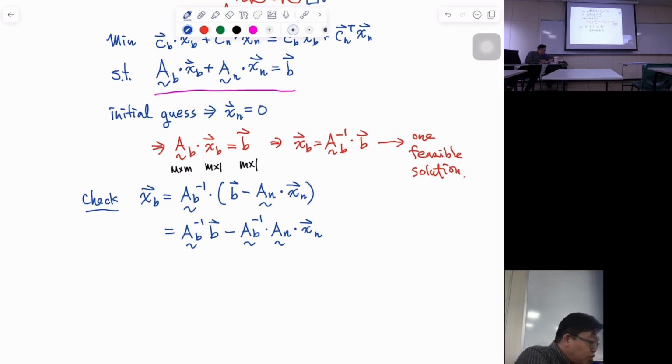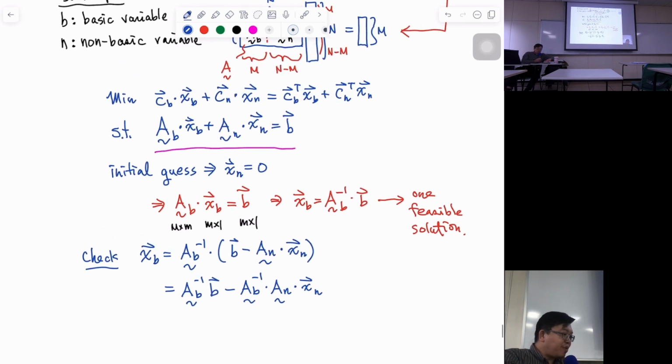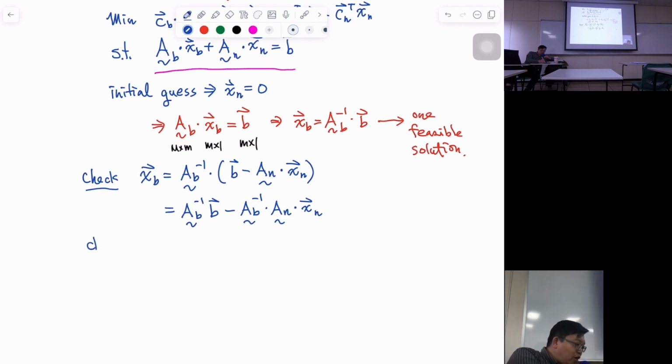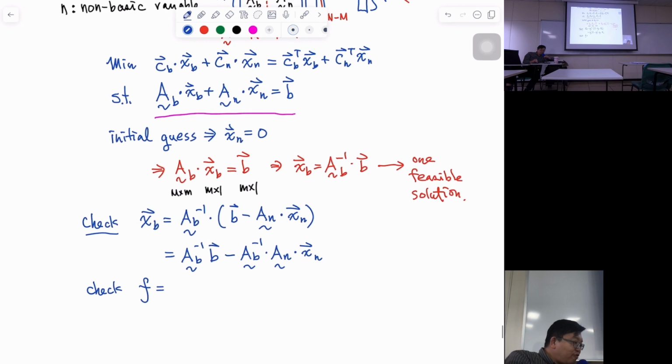Then, if we know what xb looks like, we're going to plug this form back into our objective function. Our objective function is this one. We're just plugging in.